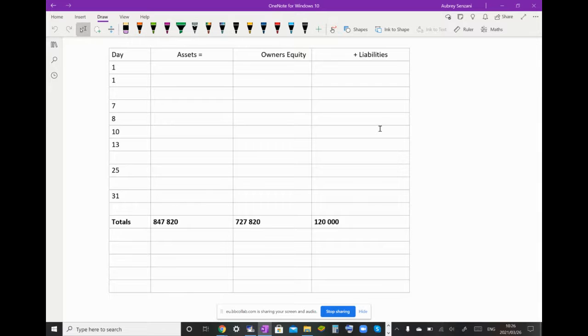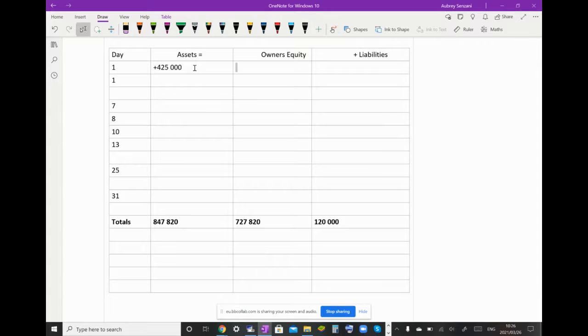Then it informs us that the financial position on 1 October 2007 could thus be shown as follows under the accounting equation. Assets 425, so immediately we know we need to plug that in: plus 425,000.